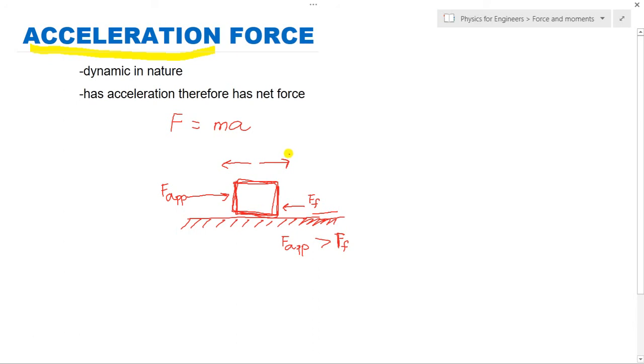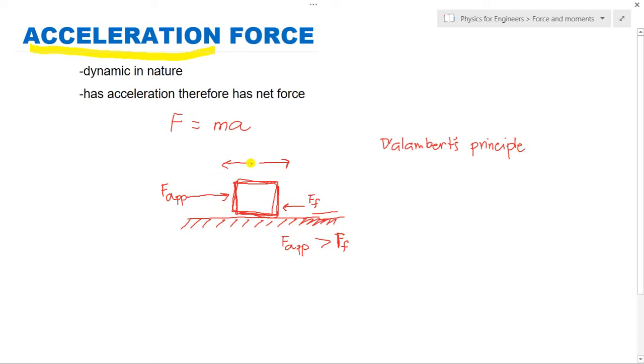Mathematically you are correct, but by using D'Alembert's principle, we have what we call the reverse effective force.